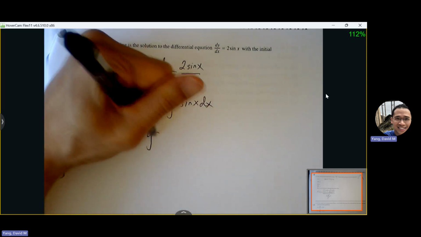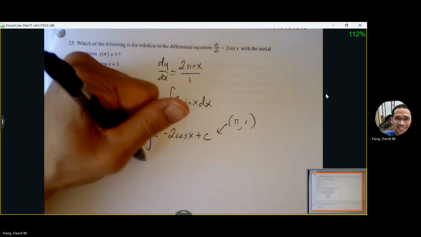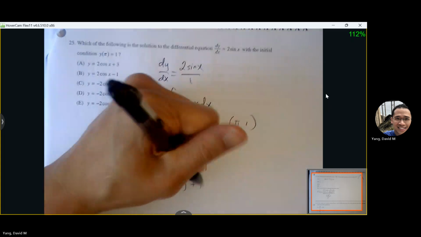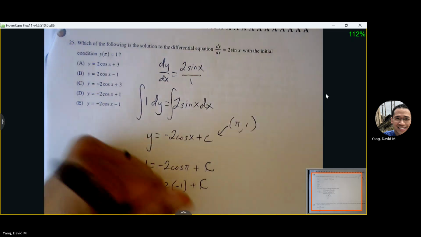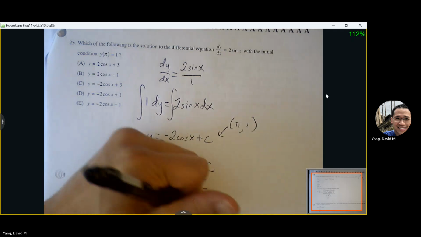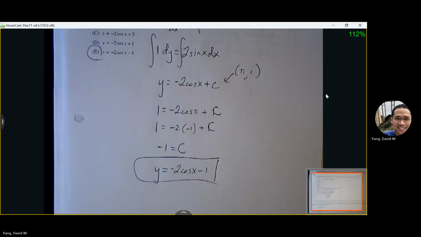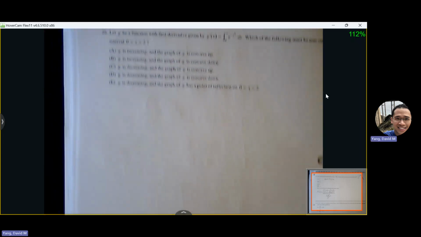You just have to take the integral, and then plug in your ordered pair. Okay, 26.